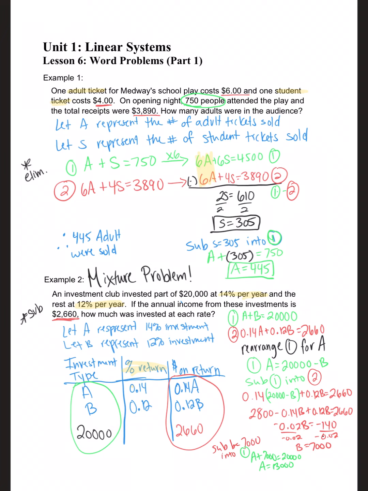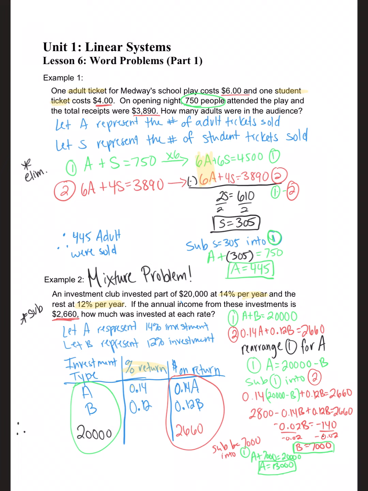So again, I'll leave the check for you. We've kind of squished it in here at the bottom. So it says how much is invested at each rate. So I will just write my therefore statement over here.